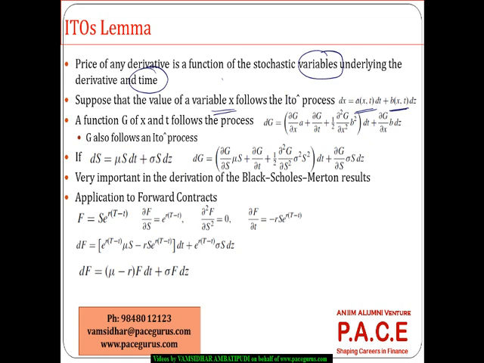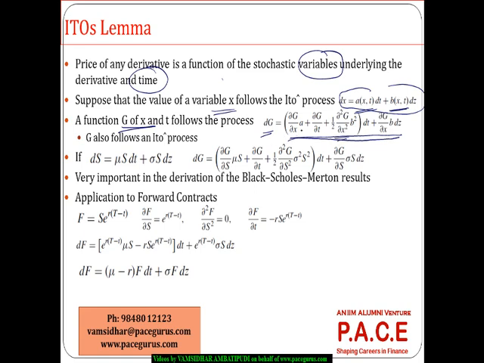So for anything following an Ito process, if we are talking about a function g containing x and t, and I want to find dg, I can directly use Ito's lemma. I take the partial derivative of g with respect to x, the first derivative and the second derivative.